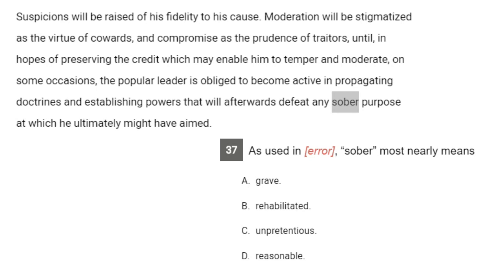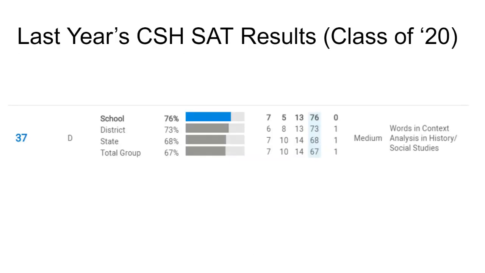You'll come across at least one of them that is a pre-Civil War passage, and that is most likely what this one came from. This is a medium level question. 76% of Chatfield students got this correct last year, which was higher than both the district and the state. Again, words in context, in a historical passage.